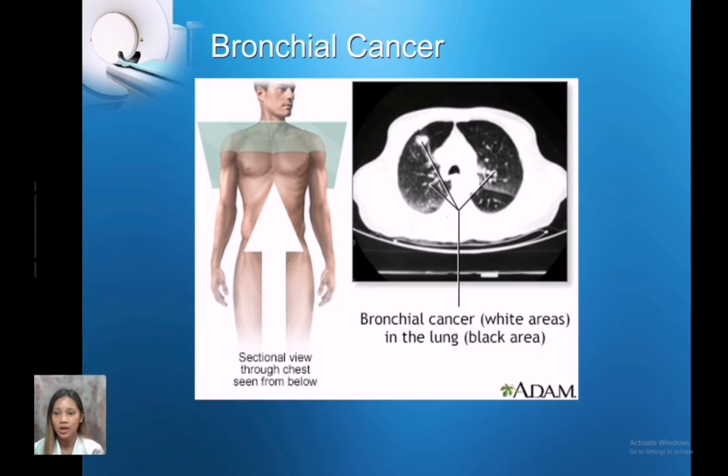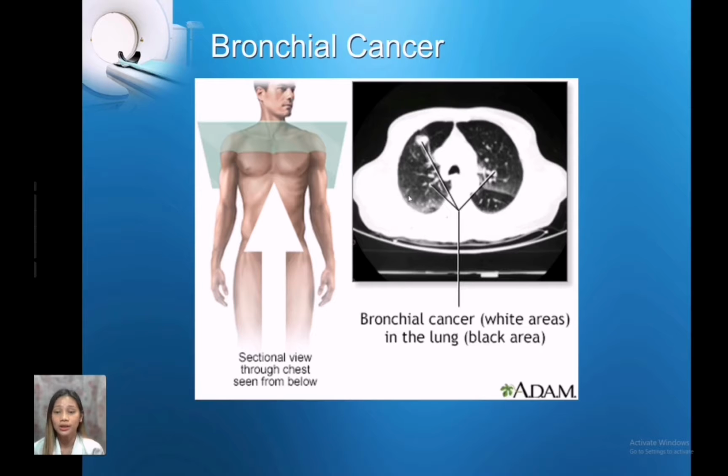This chest CT scan shows a cross-section of a person with bronchial cancer. Notice in the picture, guys, the two dark areas here are the lungs. The light areas, or the white spots, represent the cancer.